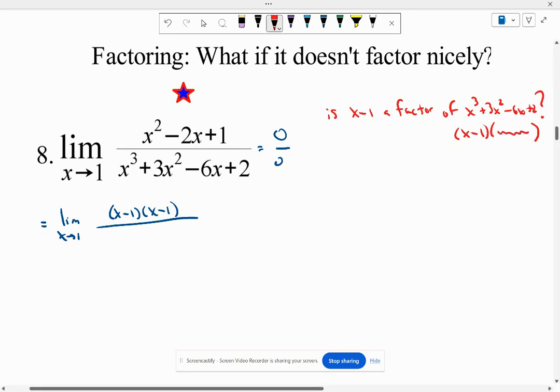Synthetic division is what I'm going to use to check if x minus 1 is a factor of this polynomial. If you remember the setup for synthetic division, 1 is the zero that I'm looking for from this x minus 1 factor. So 1 goes in that top box, then I use my coefficients, which are 1, 3, 1, 3, negative 6, and 2.